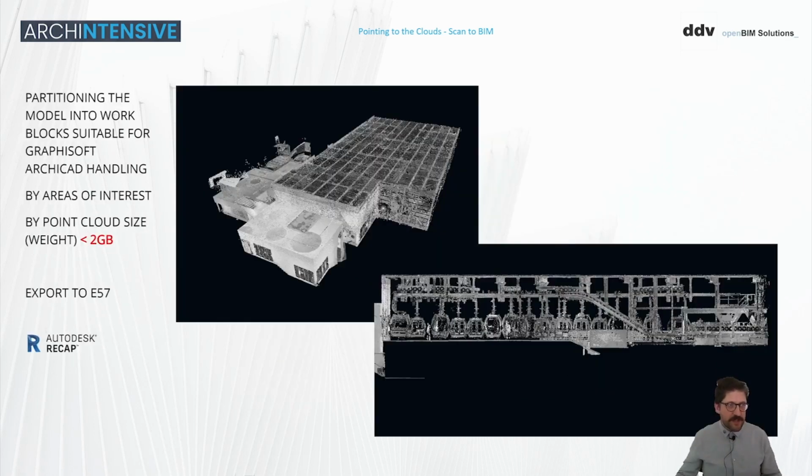So after this, from that single model, this is when our partners need to coordinate with us, and we need to define a partition strategy, especially because we are using another tool on the BIM authoring side, which has some constraints. And Archicad, as any other tool, has some of them.